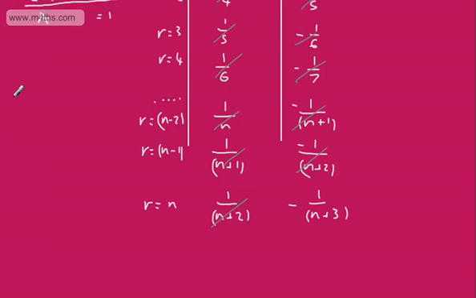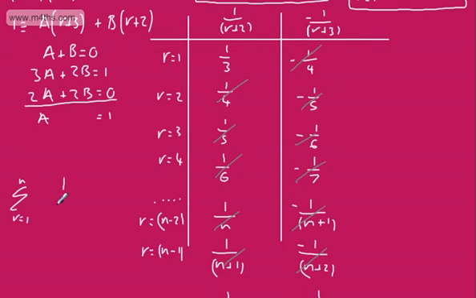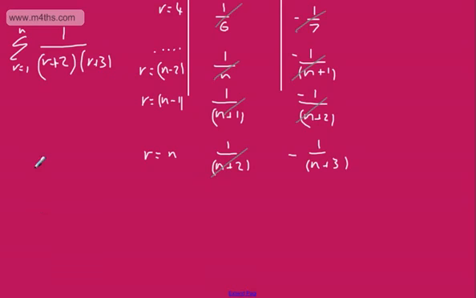So what we can do now is say the sum from r equals 1 to n of our original, 1 over r plus 2, r plus 3, gives us 1/3 minus 1 over the quantity n plus 3. All that's left to do is combine this fraction.